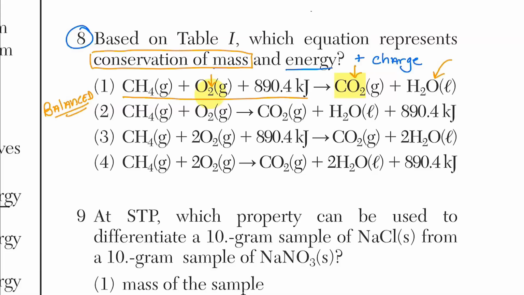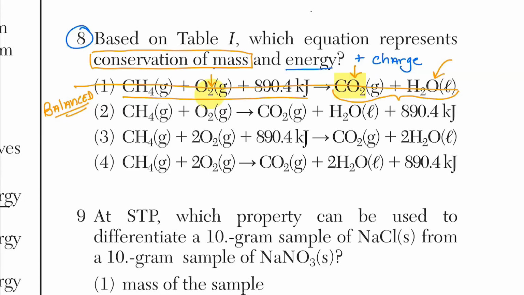So that's 3 oxygens on one side. On the product side, to the right of the arrow, we have 1 more oxygen than the reactant side. So we are not following the conservation of mass. This is not balanced. We're actually creating an oxygen out of thin air. So we can eliminate this.